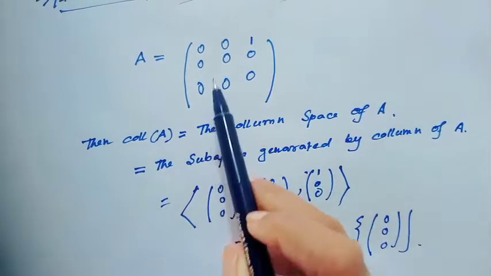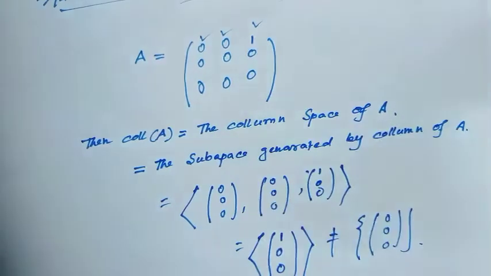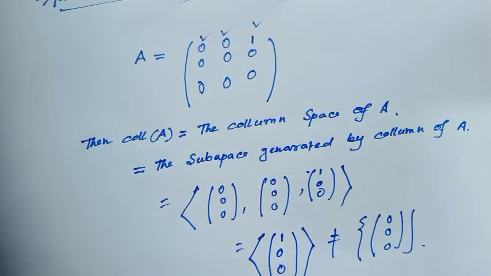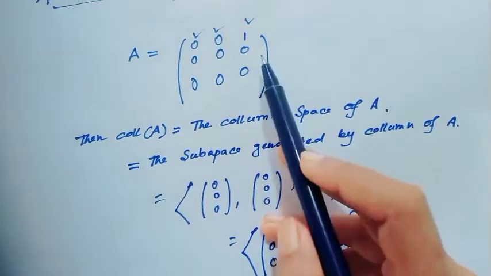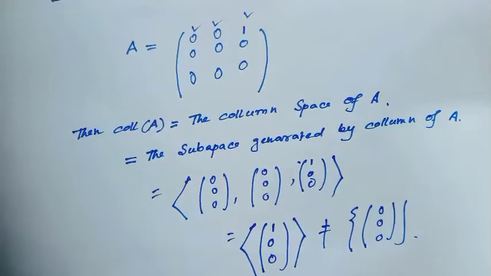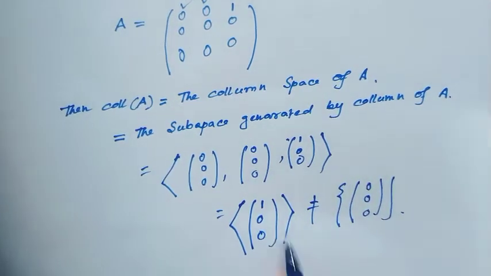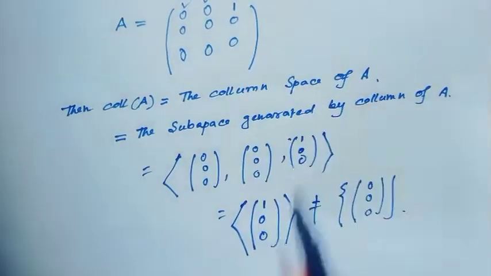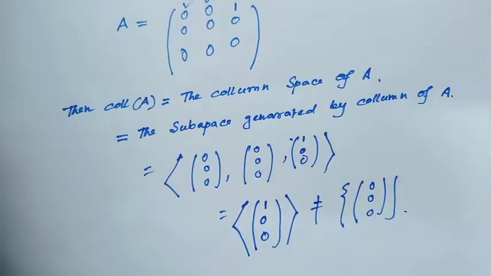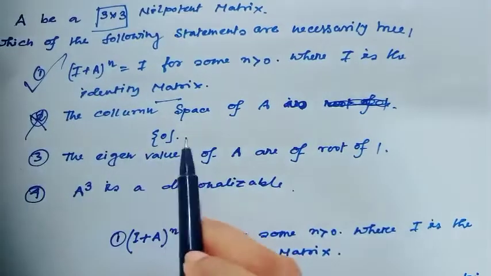Notice, here column space is generated by this column and this column, and here the only linearly independent column is this 1 0 0. So column space is generated by only the third column 1 0 0, which is obviously a non-zero column. Option 2 is a wrong option.